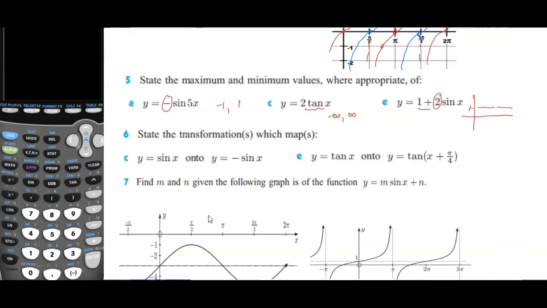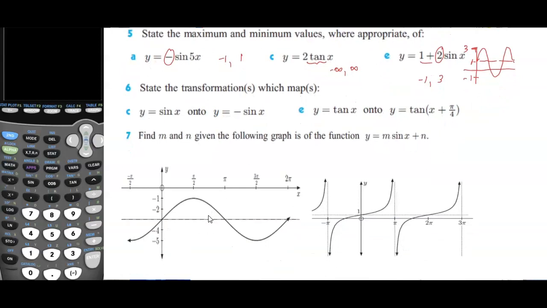But the sine function is going to go up and down 2 units. So it's going to go as high as 1 plus 2, which would be 3, and it's going to go as low as 1 minus 2, which is negative 1. So basically here, the minimum value is going to be negative 1, and the maximum value is going to be 3.